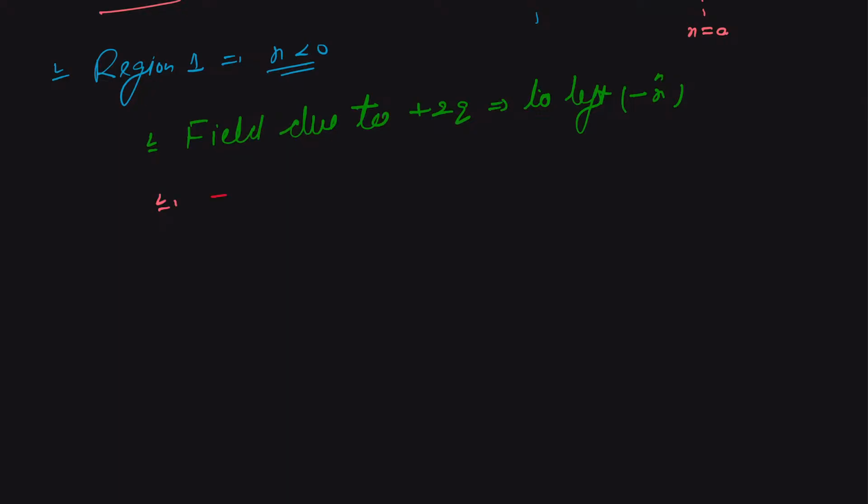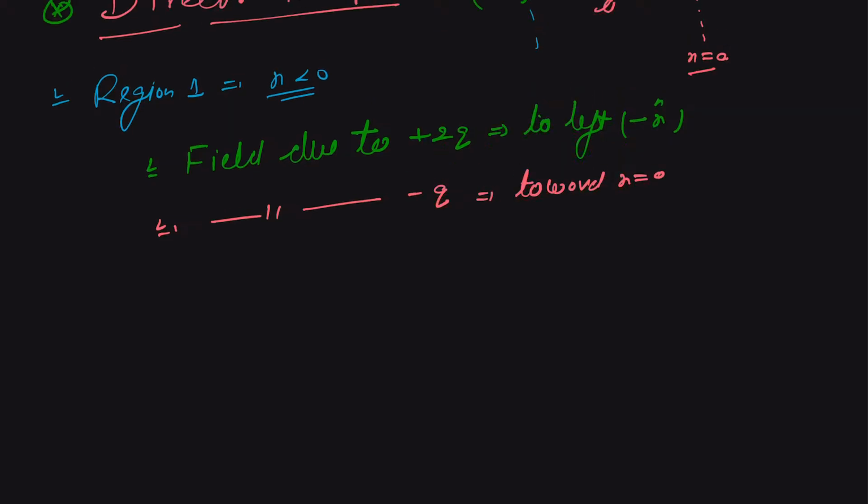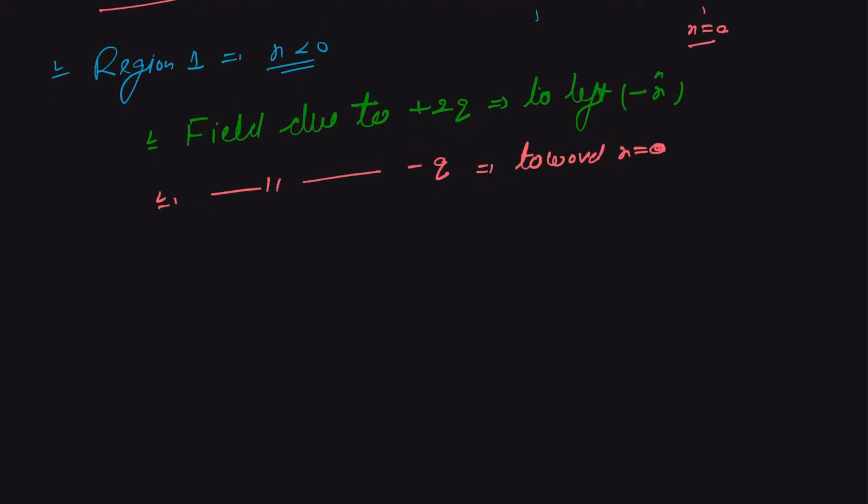The field due to this minus q is toward x equal to a. x equal to a is nothing but toward the right, so it is plus x unit vector.